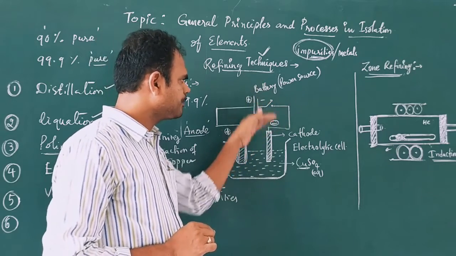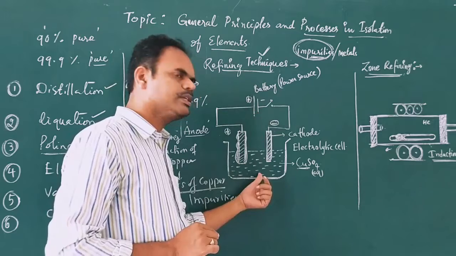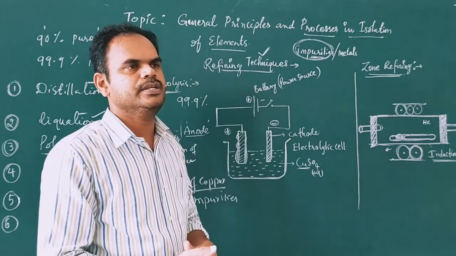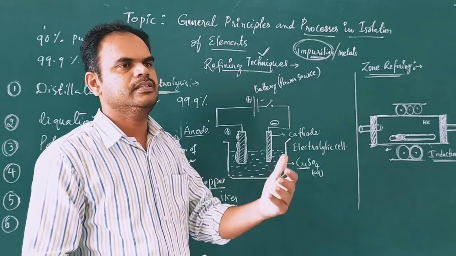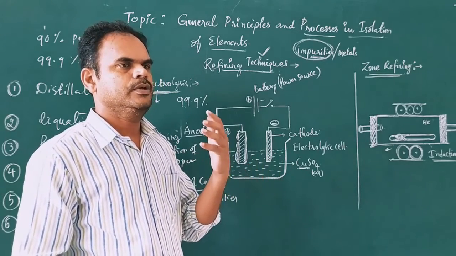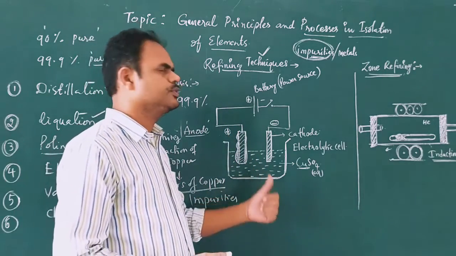If you press that tap key, what happens? The circuit is made, so current passes into the solution. When current passes into the solution, what happens inside? What decomposition reaction will happen?